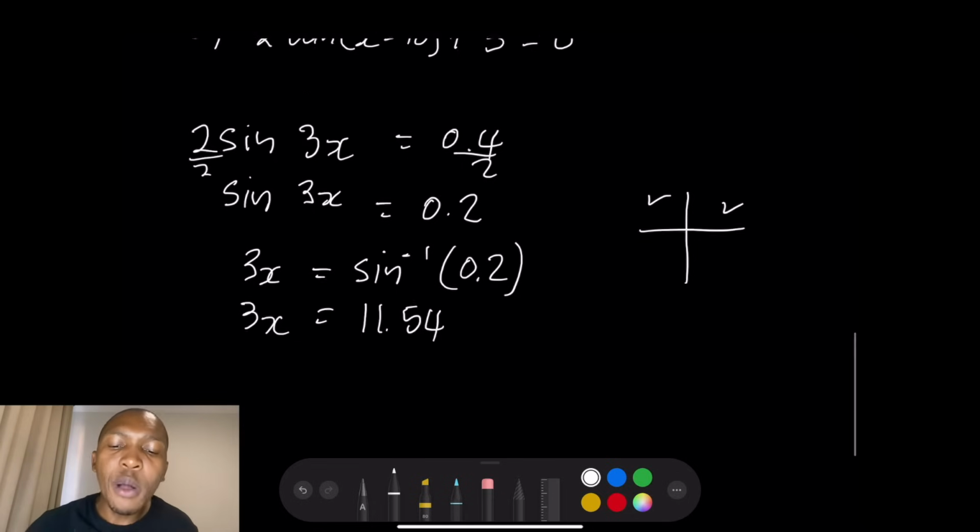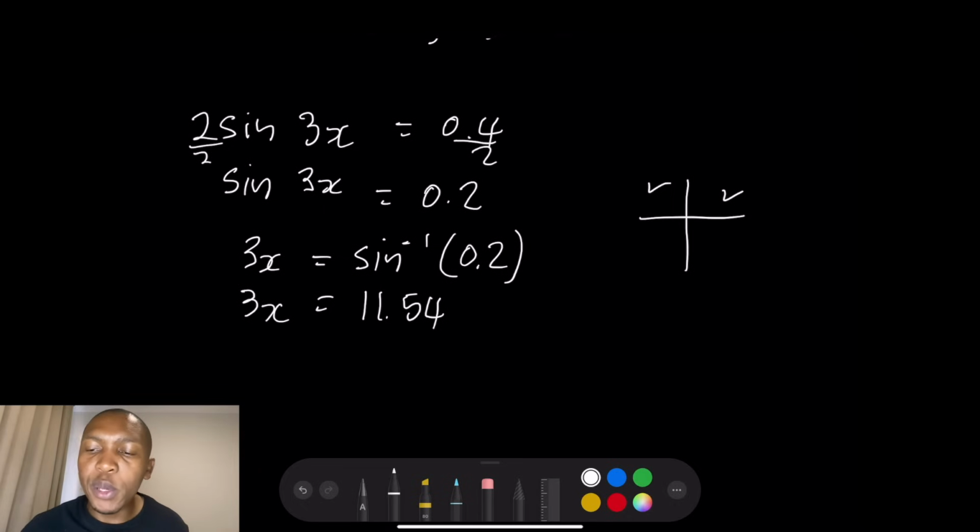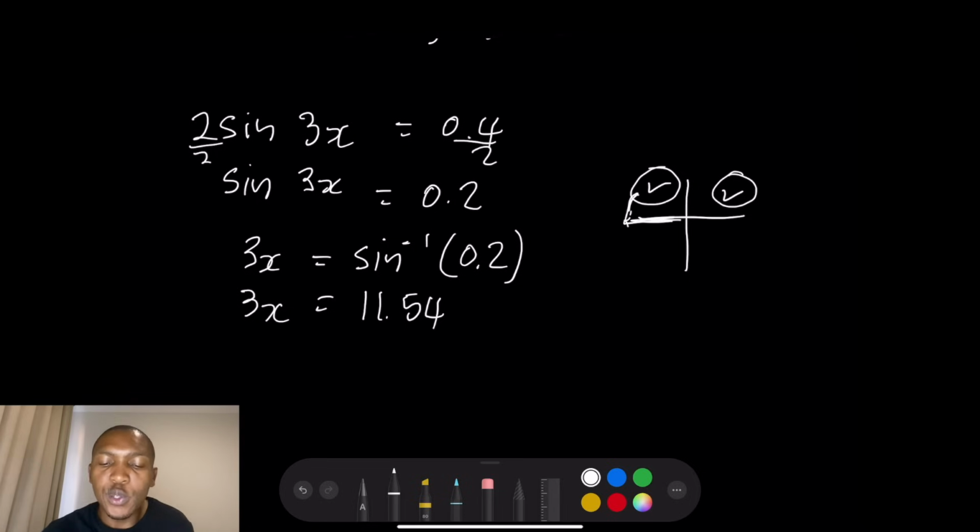But now please keep in mind, that would be in the first quadrant, but it also is in the second quadrant. Now, if it's in the second quadrant, we always say 180 minus that angle. So that means another solution.